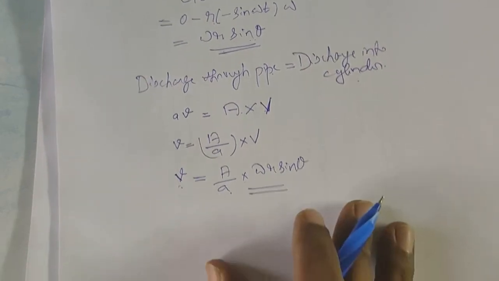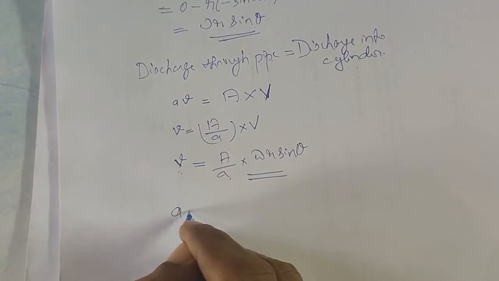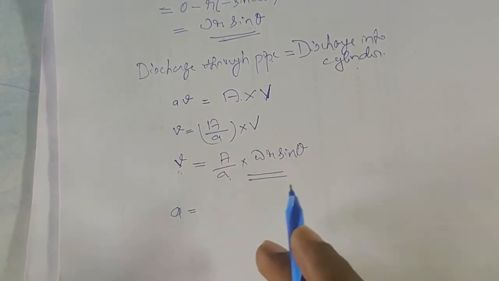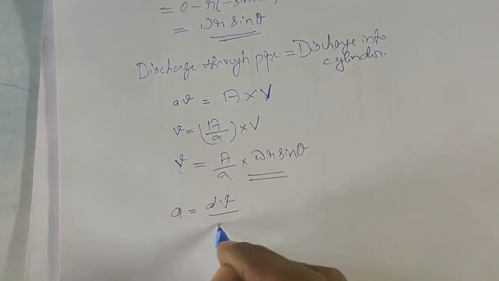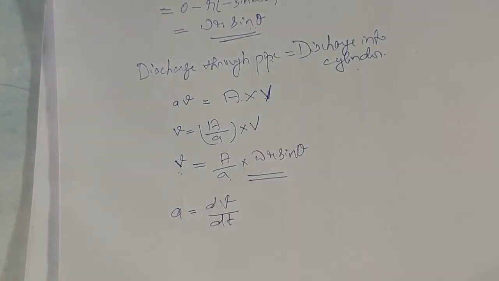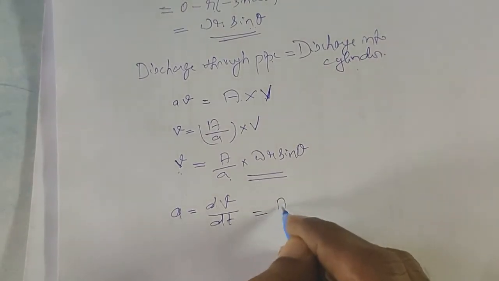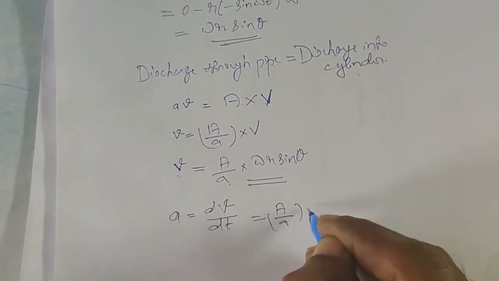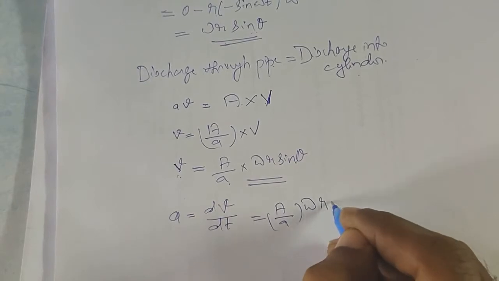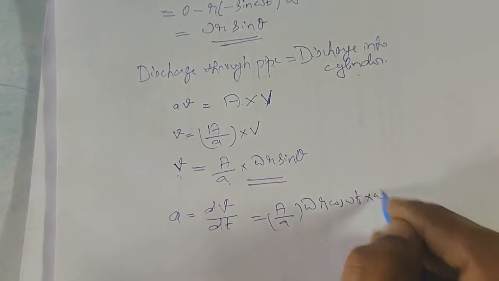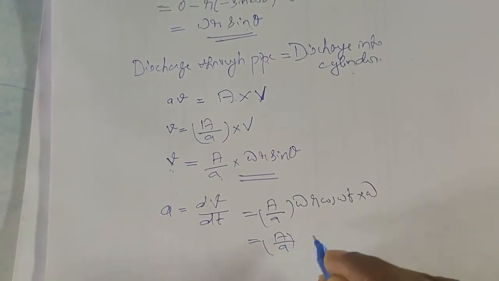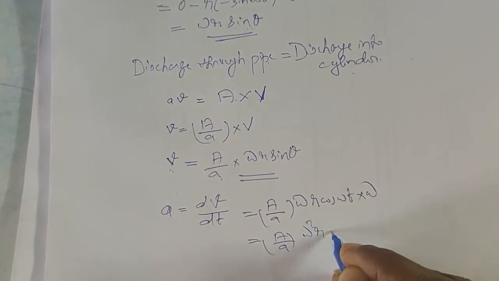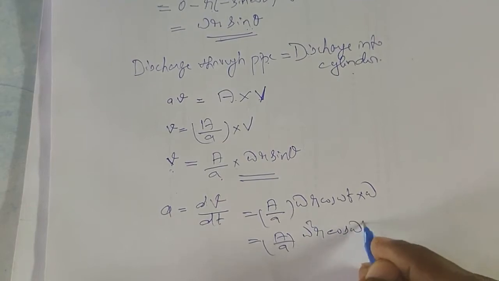Now what will be the acceleration? Acceleration of water in the suction pipe or delivery pipe will be equal to dv by dt. It will be equal to A by a omega r cos omega t into omega, which will be equal to A by a omega square r cos omega t.